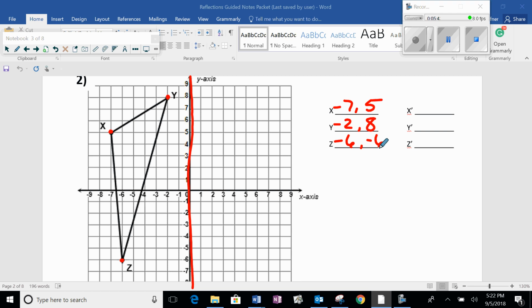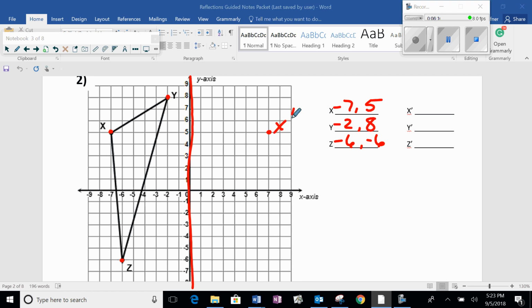So, like I said, this time, because it's reflection across the y-axis, I'm going to look at the distance from the y-axis. So if we start at Z, that was 1, 2, 3, 4, 5, 6, 7 numbers to the left. So the mirror image would be 1, 2, 3, 4, 5, 6, 7 units to the right, and that is my X prime.